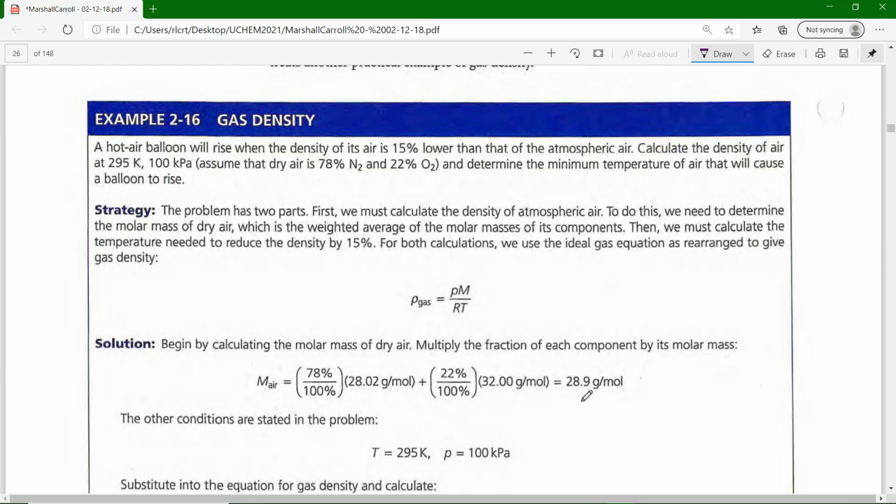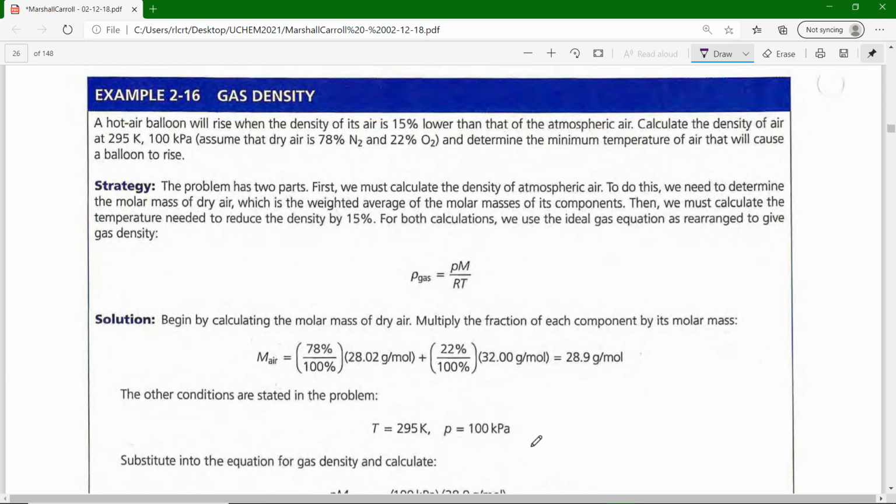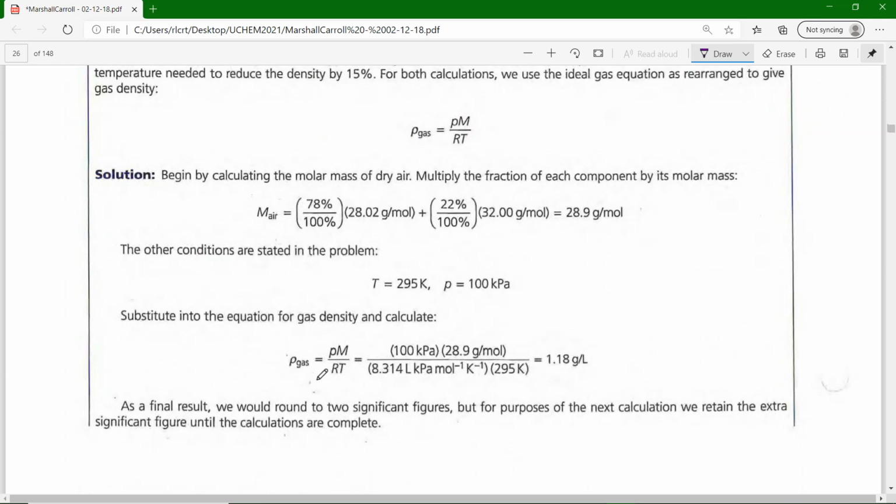We're rounding that off for now. And then we get that the density of the gas at 295 Kelvin and 100 kilopascals is the molar mass of atmospheric air over RT, so 1.18 grams per liter.